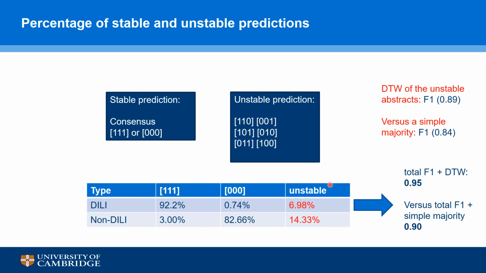If you just take the unstable predictions and compare the performance of DTW alignment with the simple majority vote, you will get a higher accuracy with DTW, 89% compared to 84%, and the total pipeline, when including DTW, would be 95% in our internal validation, compared to just a simple majority vote of 90%. So this was the rationale why we would use DTW instead of just taking a majority vote.